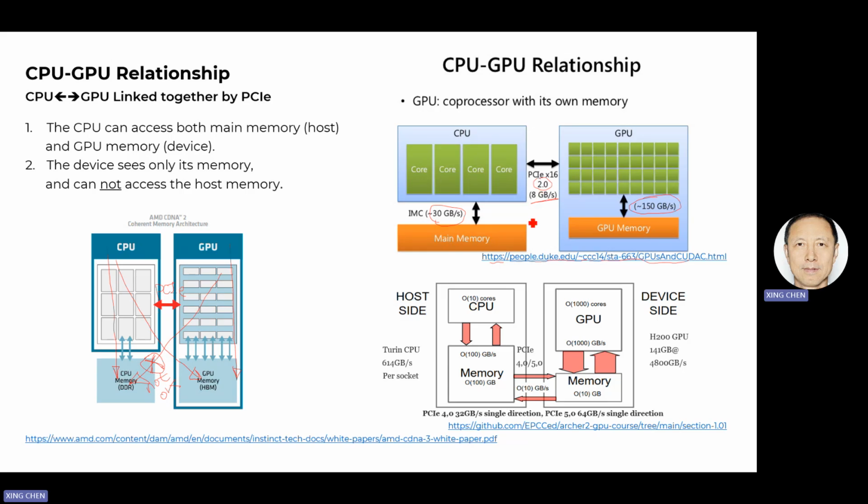With the evolution of the technology, right now we have PCIe version 4 or 5. For PCIe version 4, the link bandwidth is 32 gigabytes per second, single direction. And for PCIe 5, that's 64 gigabytes per second, single direction. But if we look at the memory bandwidth of the CPU, suppose we are using the Turing CPU from AMD, the memory bandwidth is 614 gigabytes per second per socket.